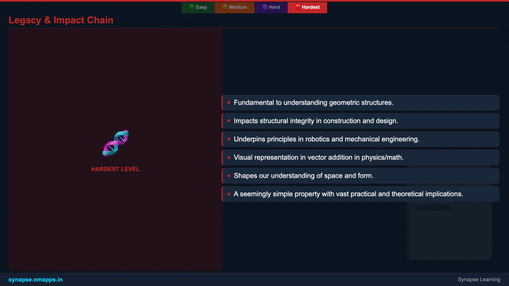From the simple act of opening a door to the complex mechanics of a robotic arm, the principle of equal opposite sides in a parallelogram ensures functionality and efficiency. This seemingly simple property is a critical building block in geometry, engineering, and even art, shaping our understanding of space and form. Its impact is truly far-reaching and fundamental to our constructed world.